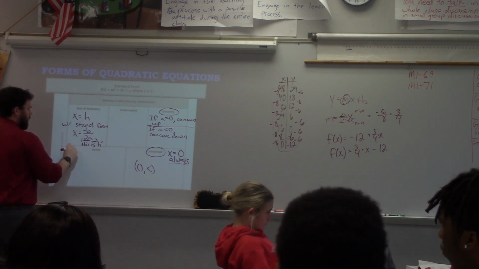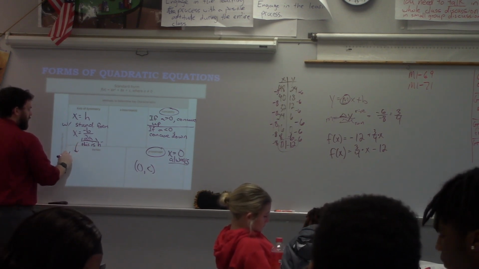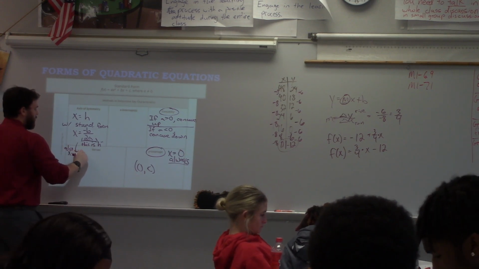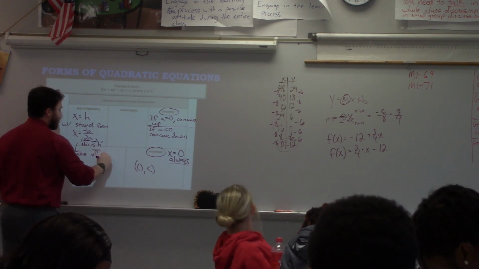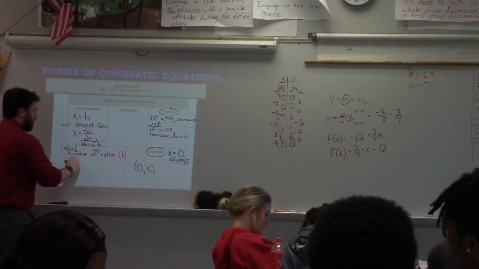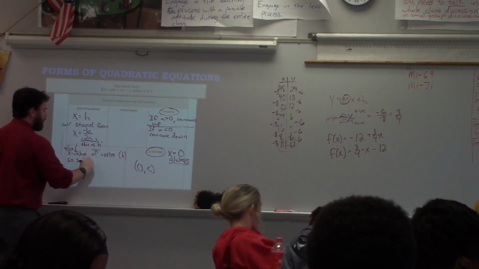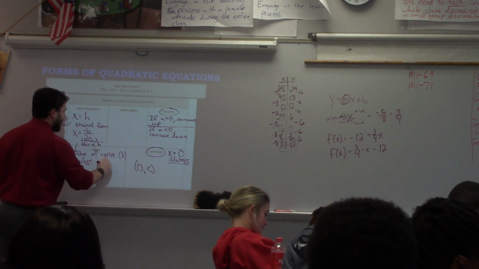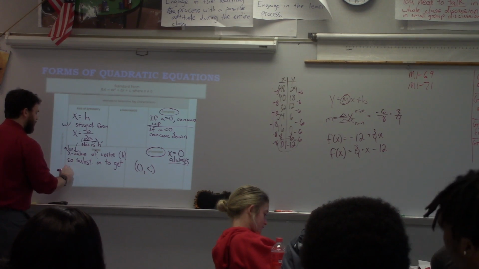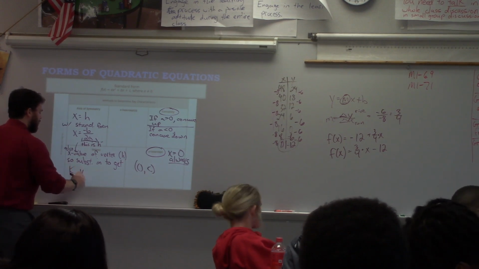So this is also the x value of the vertex, right? That's the whole point of the H. So substitute in to get K. Y value of vertex.